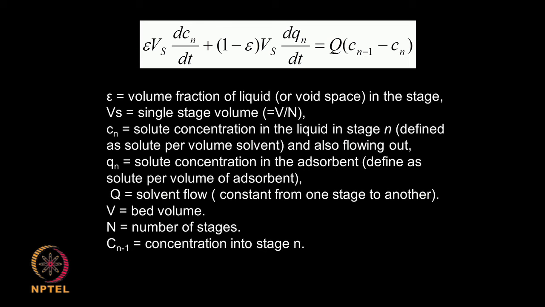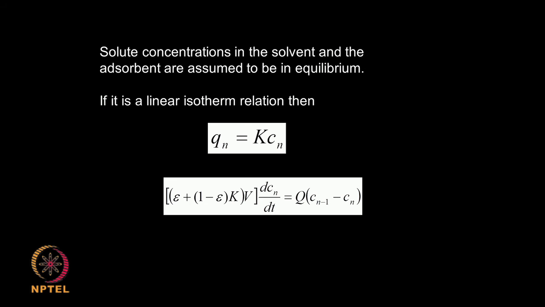So, this is a set of differential equations. One can solve this if the concentration of the solute in the mobile phase and the concentration of the solute in the stationary phase are related in a linear fashion.